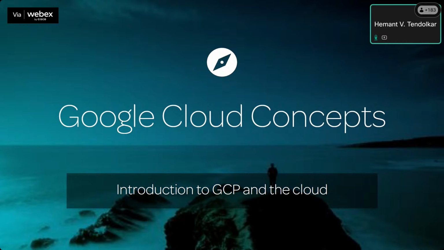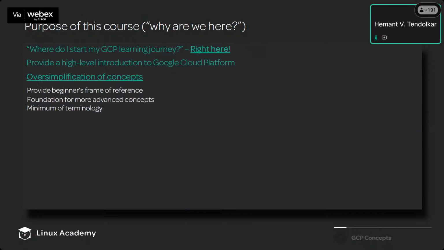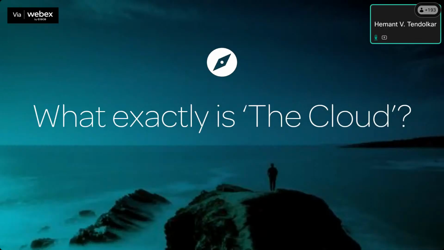Proceeding with that, I'm pretty sure in this day and age we don't really need to ask the obvious question of whether everyone is aware of Google Cloud, what is cloud, and what is Google Cloud. But just to cover the basics, even this training material and even I wanted to cover what exactly the cloud is.